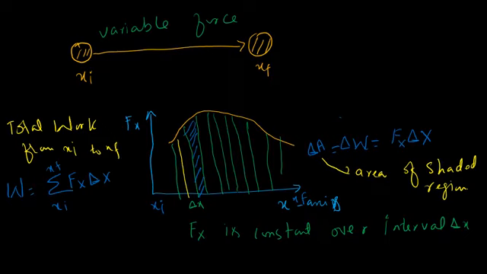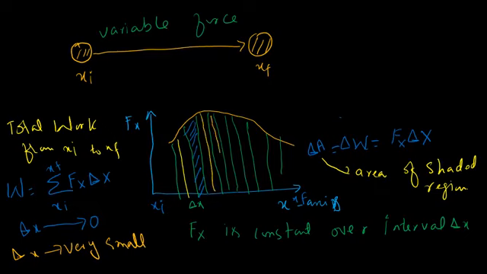Now what happens if delta x approaches 0? Delta x approaching 0 means that delta x is very small, and then there will be an infinite number of small displacements.